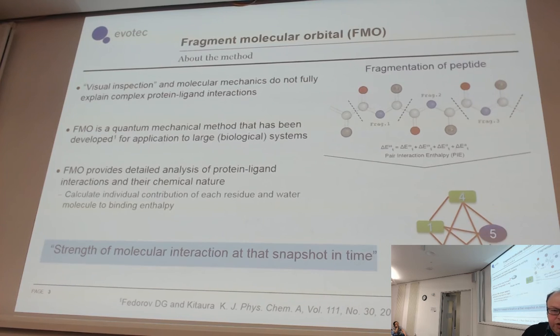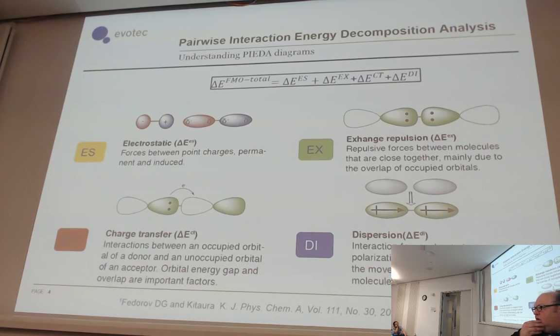So what type of information will you get with that? You will receive the interaction energy between every fragment with every fragment, though obviously we are more interested in the interaction between the ligand and the protein. The interaction energy is broken into 4 terms.